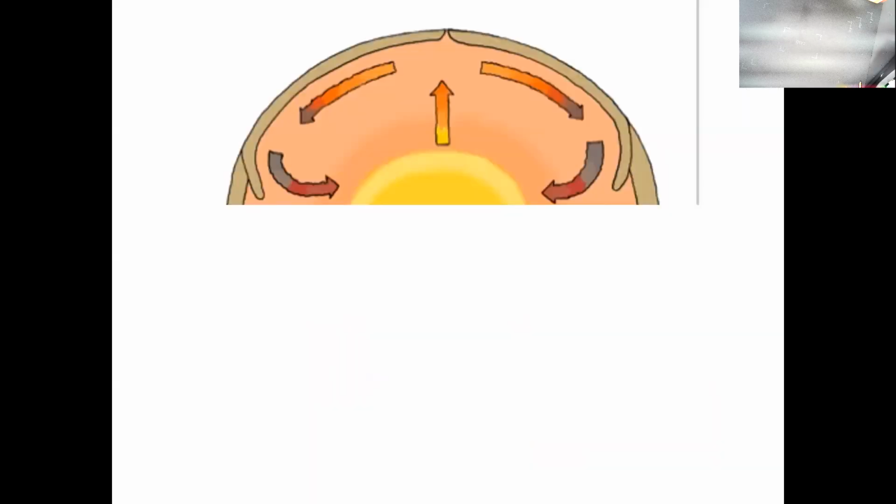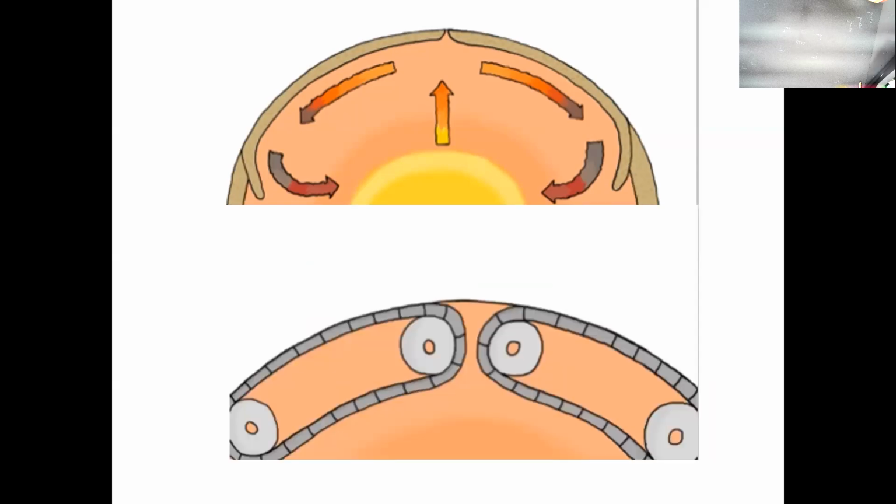Okay, so on Friday, we talked about the convection currents, and I compared the convection currents to a conveyor belt, like the conveyor belt at a grocery store that you put your groceries on when you are cashing out.